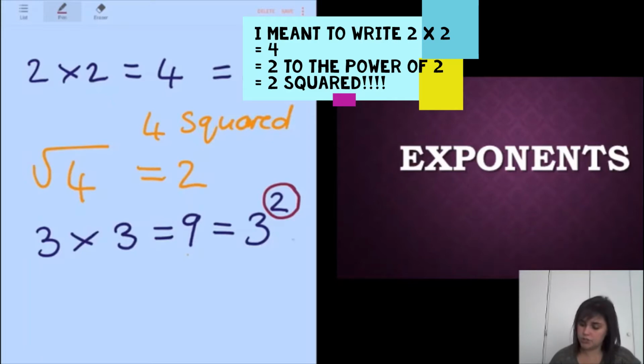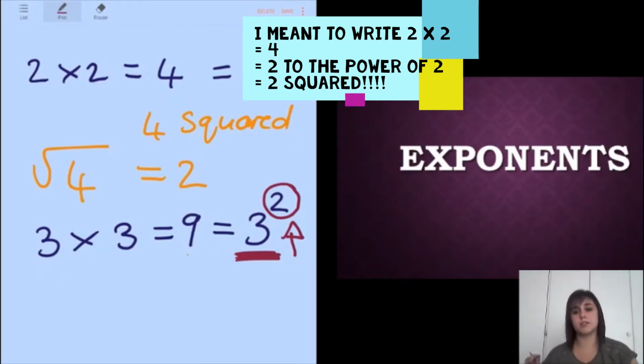And this 2 basically just tells us how many times am I going to times the number by itself. That's what that little 2 refers to, the exponent. How many times am I going to time the number by itself?